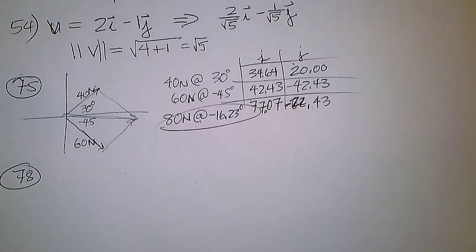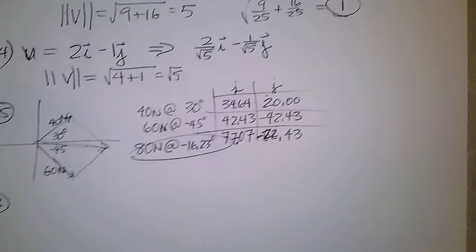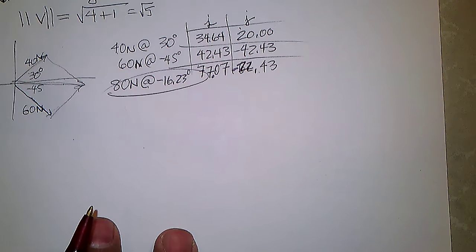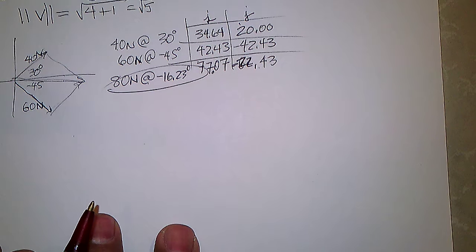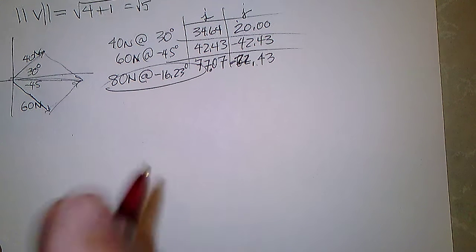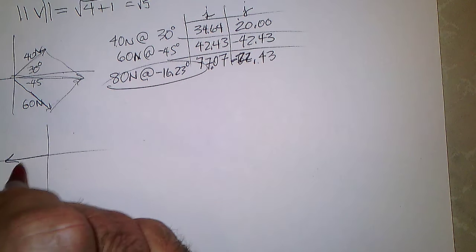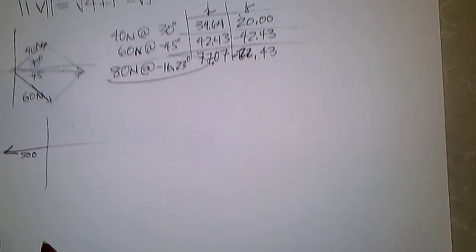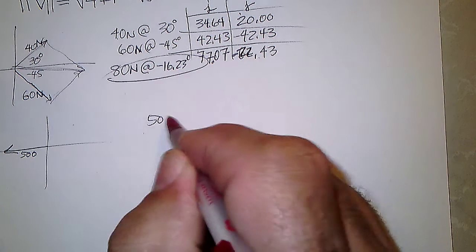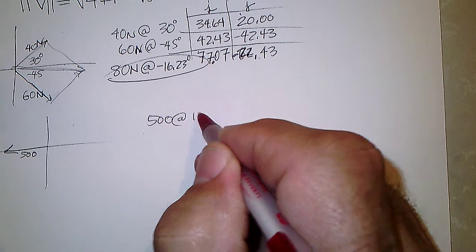78 says, find the actual speed and direction of an aircraft if it's going 500 due west. So that's 500 at an angle of 180.